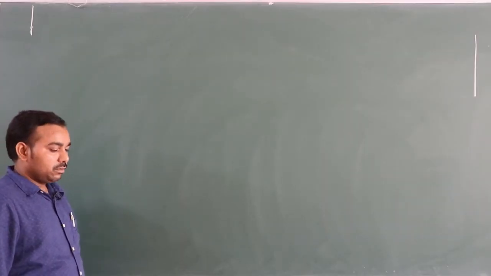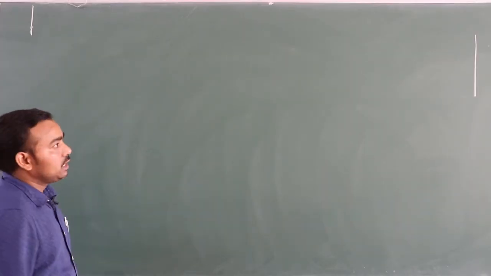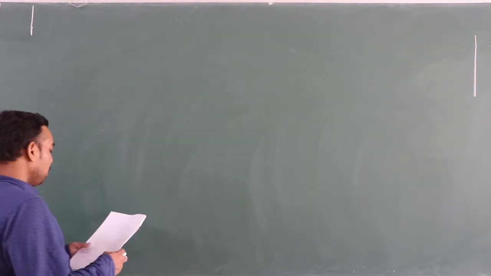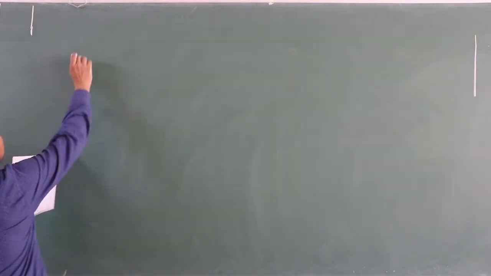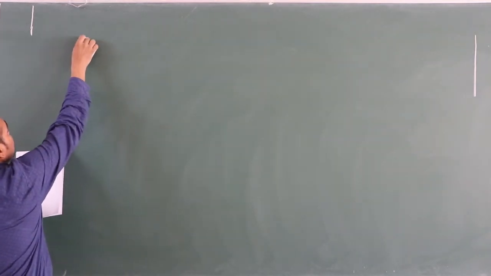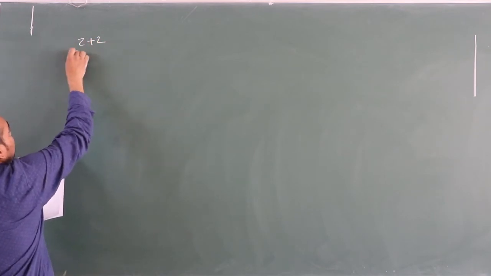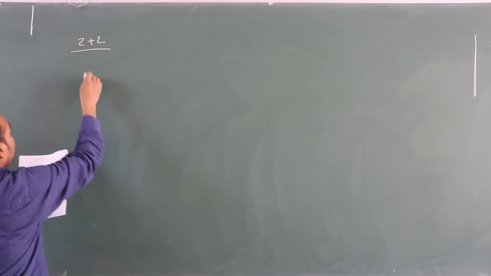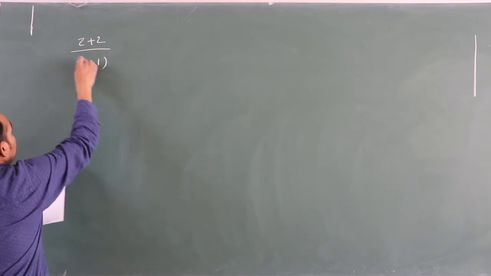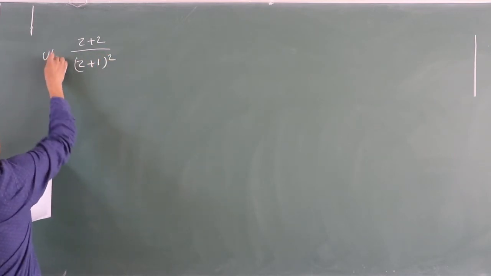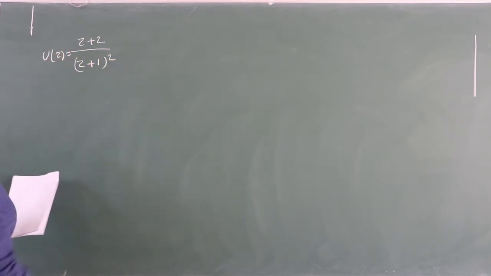Now we want to discuss one more example, that is find the inverse z transform of z plus 2 upon z plus 1 whole square, that is the z transform of u of z.